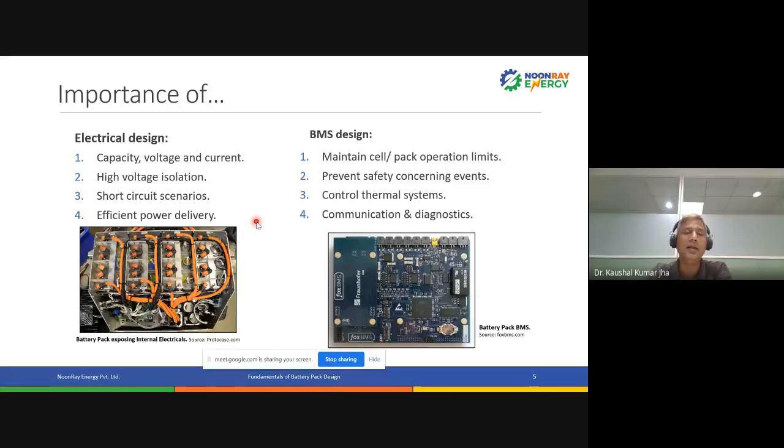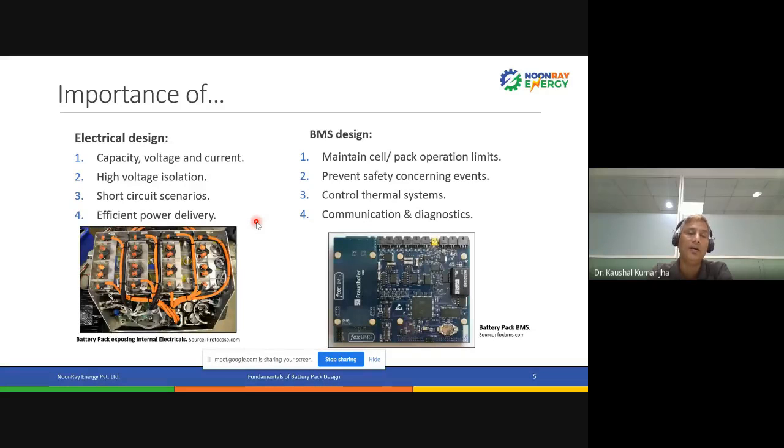Even though the battery energy is limited, power can be multifold. You can drain the battery in half an hour, in 1 hour, or in 10 minutes. Especially in hybrid applications, you need to drain the battery very quickly and charge it very quickly. That means the current incoming to the battery and outgoing from the battery would be very high.